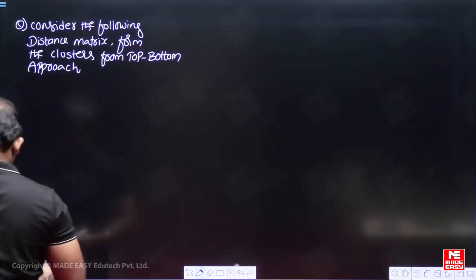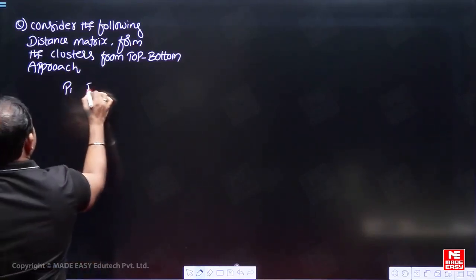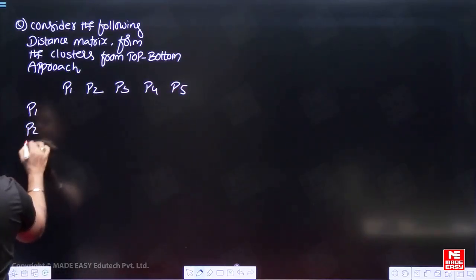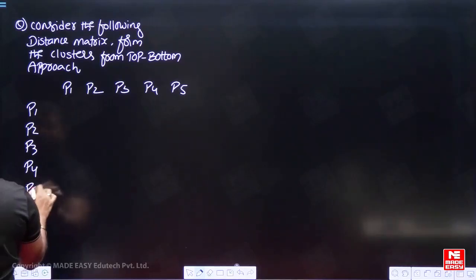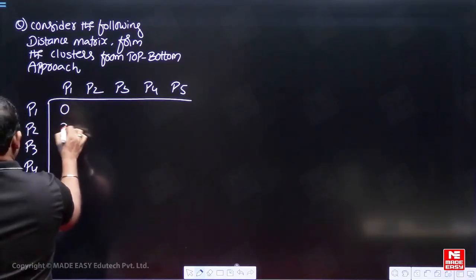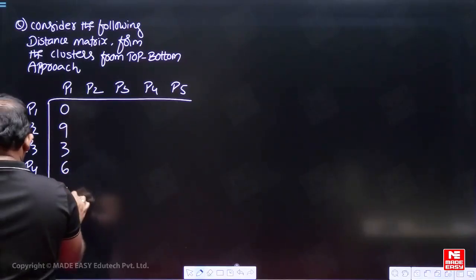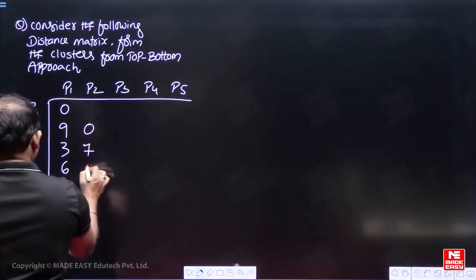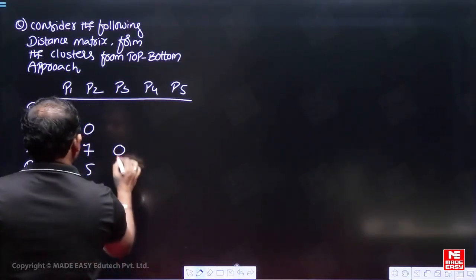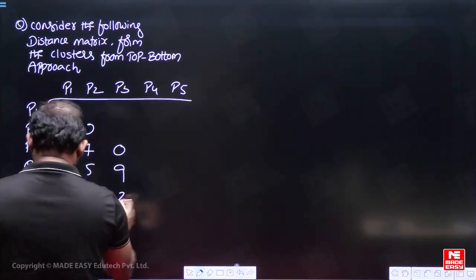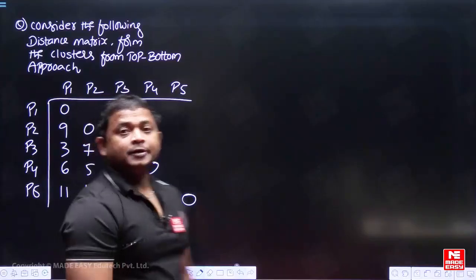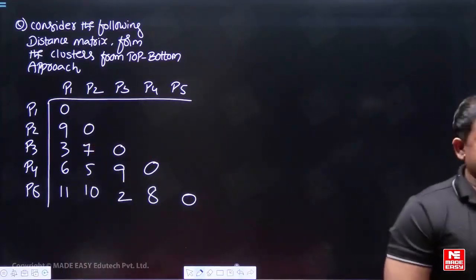All of you please do it faster, quickly. P1, P2, P3, P4, P5. Rows: 0, 9, 3, 6, 11; 0, 7, 5, 10; 0, 9, 2; 0, 8; 0. Okay. See students, please copy the question.